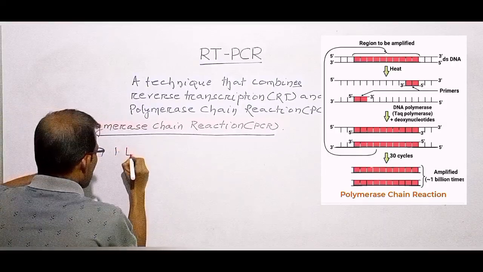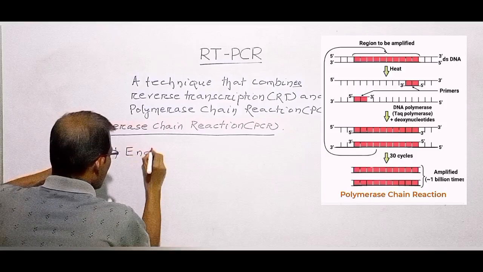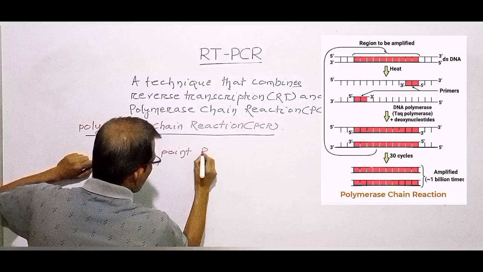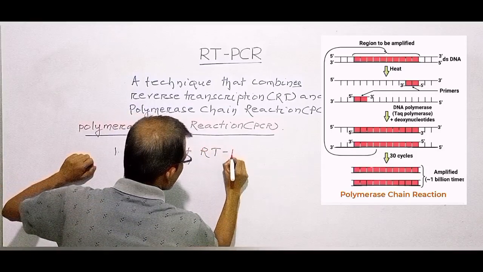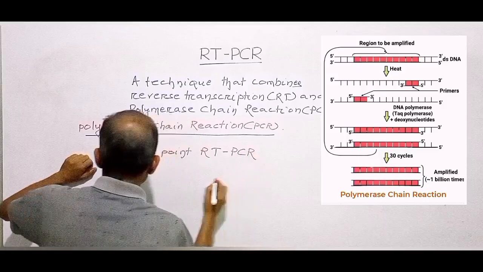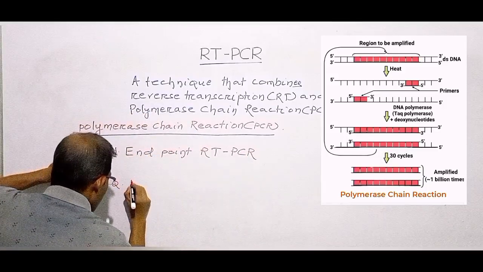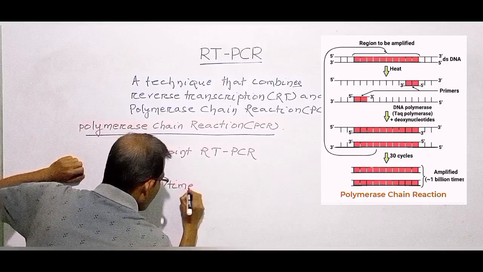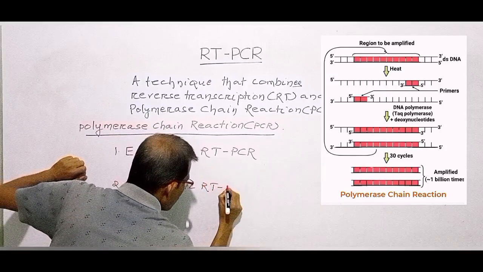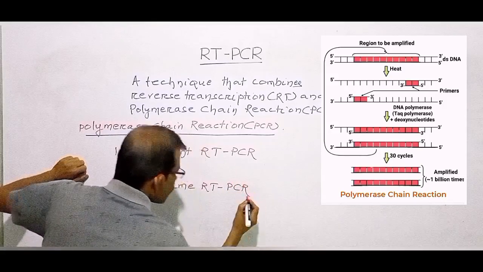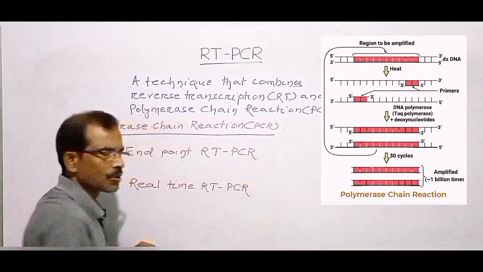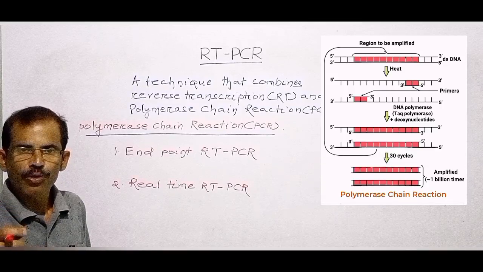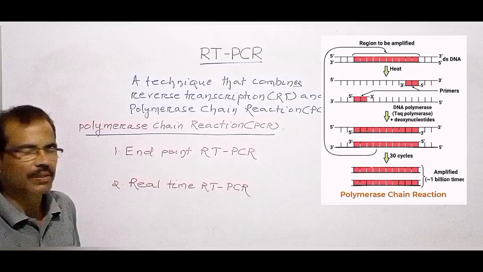One is endpoint RT-PCR and the other is real-time RT-PCR. Both are variations of the polymerase chain reaction. They only differ in how PCR products are analyzed.